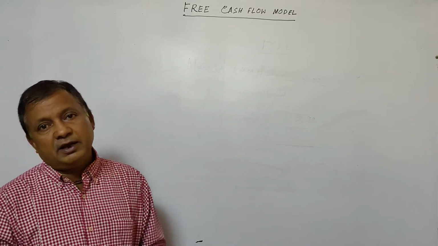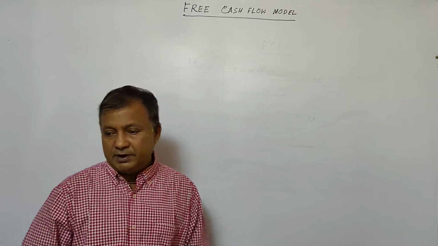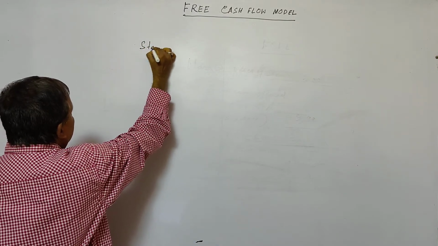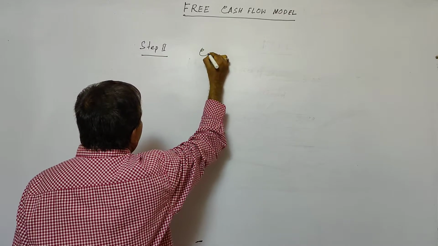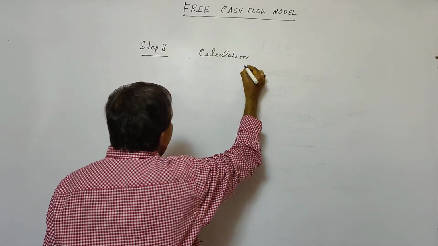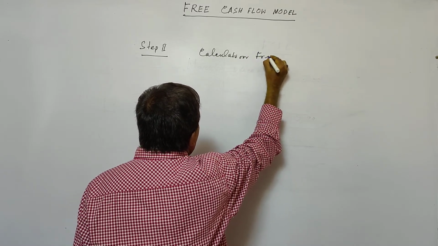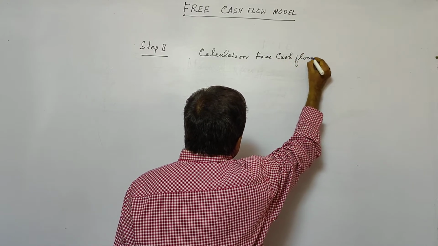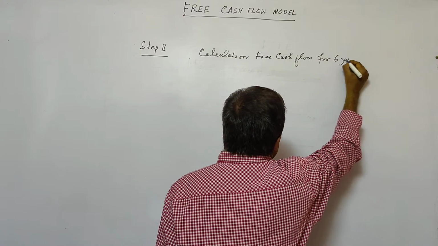And in this problem there is no consideration for dividend. So step 2: calculation of free cash flow for 6 years.